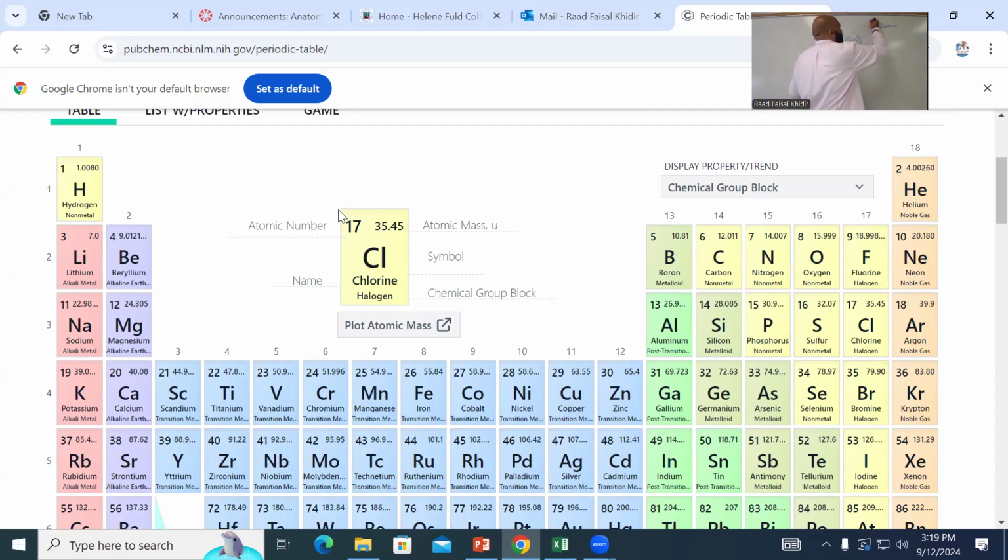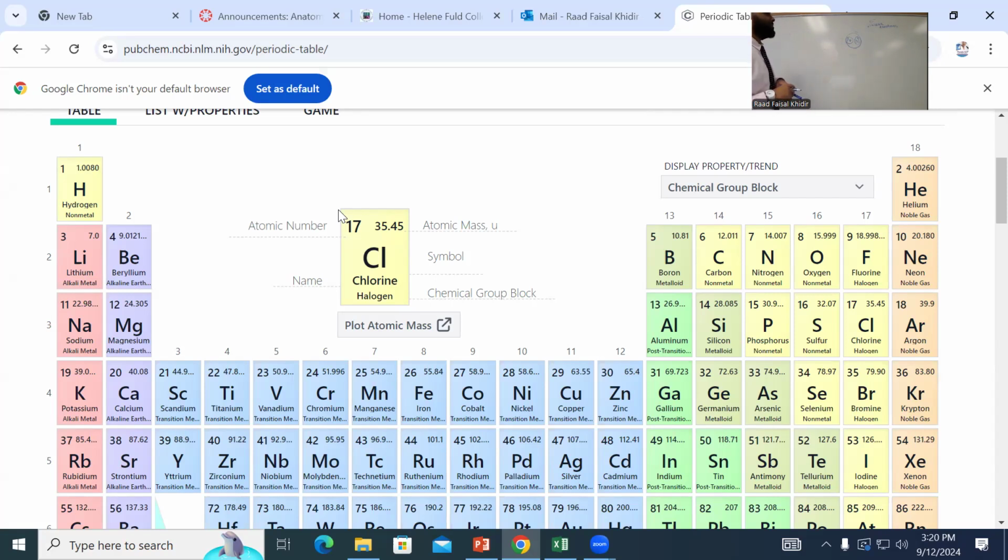Electrons are also negatively charged, while protons are positively charged. So when an atom is neutral, it means it's not positive, it's not negative. That makes it a neutral atom.